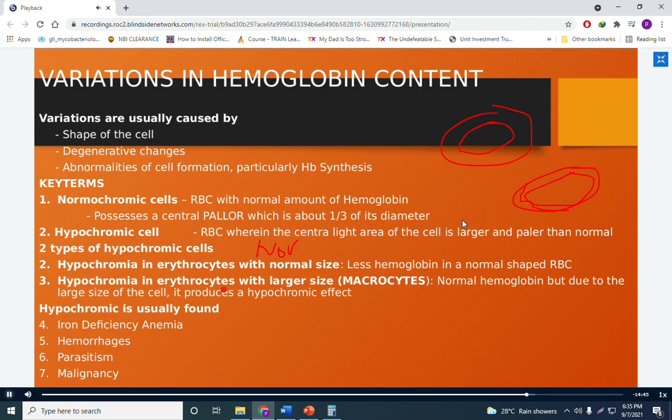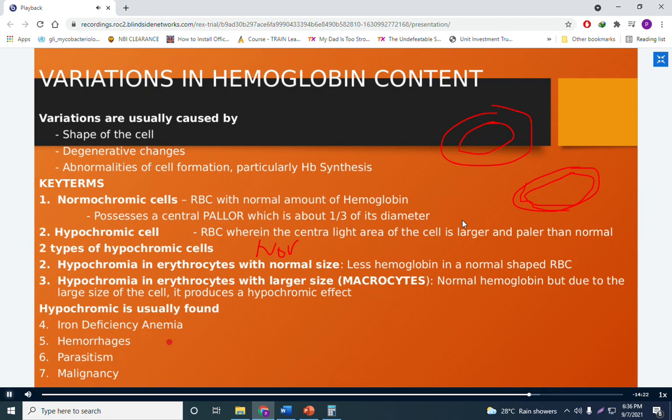Then hypochromia in macrocytic cells or wherein the size is large. Commonly seen in macrocyte. So normal yung hemoglobin content niya class, pero dahil sa sobrang laki ng size niya, it can lead to hypochromia. Okay? Kasi hindi niya ma-feel yung buong size ng cell dahil sobrang laki. So it can lead to hypochromia.